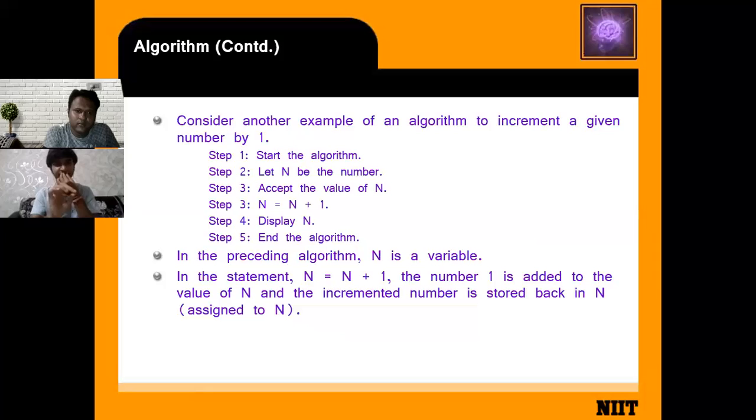But in the middle we put accept the value of n if you want to interact with the user and make your algorithm dynamic. That means you are giving an instruction to the user, who is supposed to give some value.